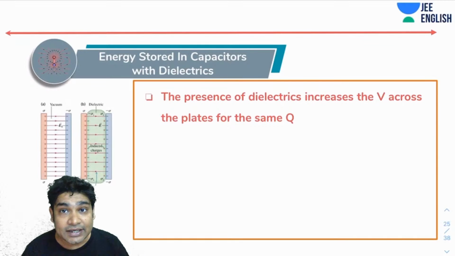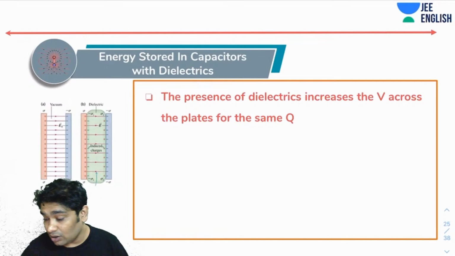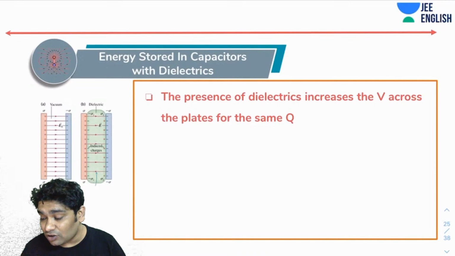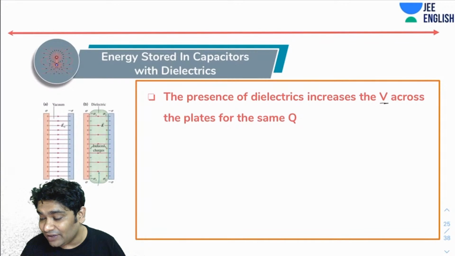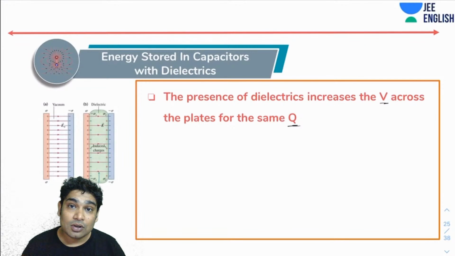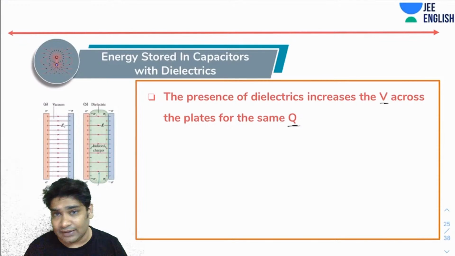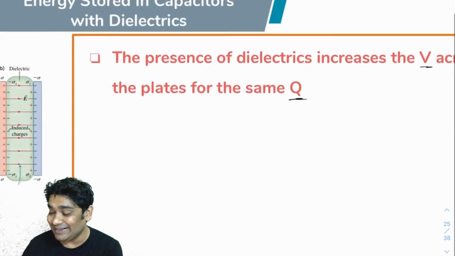Now, what about the energy stored in the capacitors with the dielectrics? So, in presence of dielectrics, you realize that V across the plates increases for the same Q. So, imagine I had a charged capacitor, and if I'm putting in a dielectric, what happens to its energy?